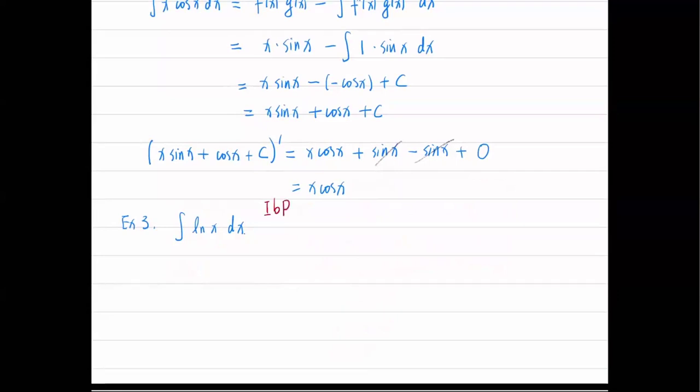To try this, we want to identify f of x times g derivative of x dx, the product of two functions. Here we only have one function. Should this be f or should it be g derivative?